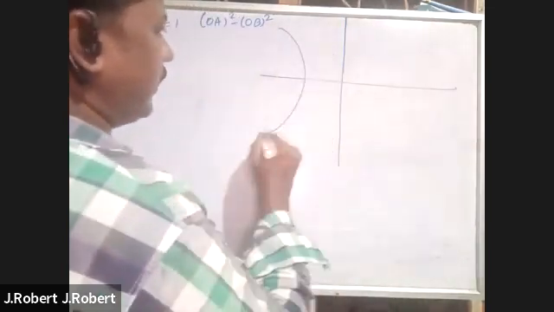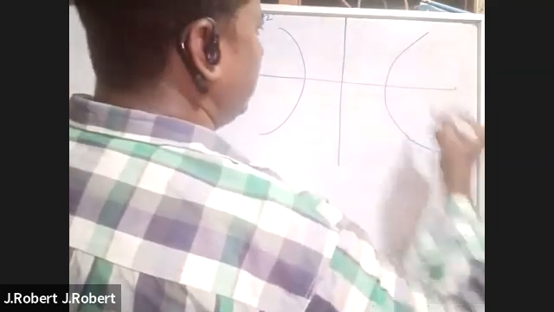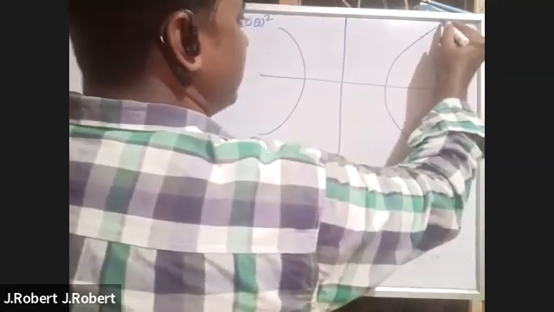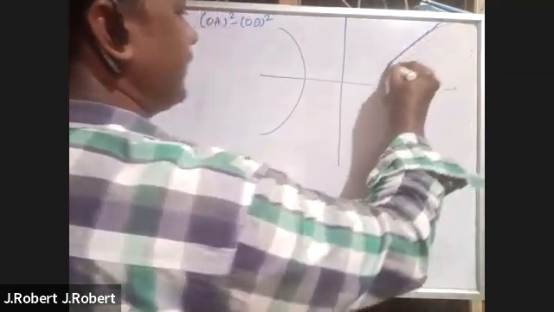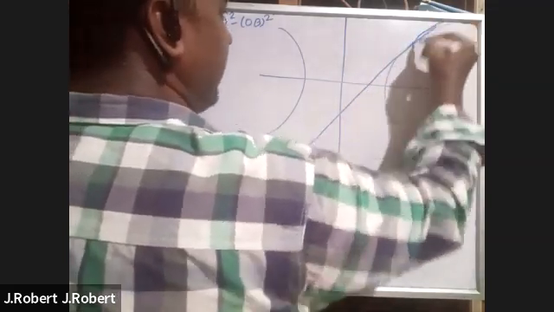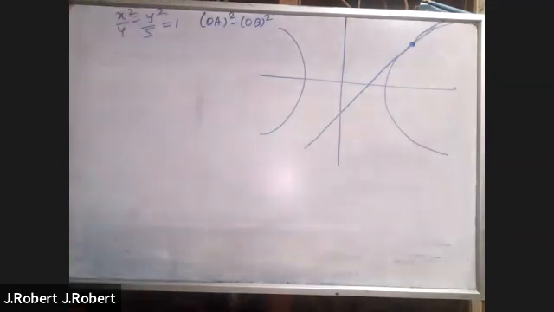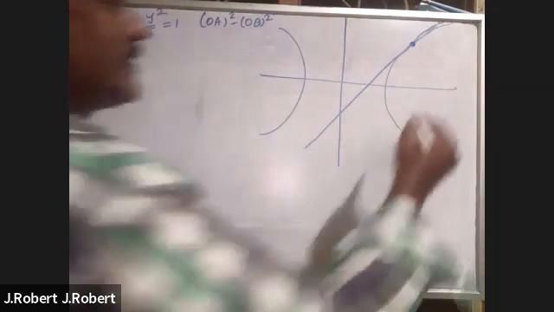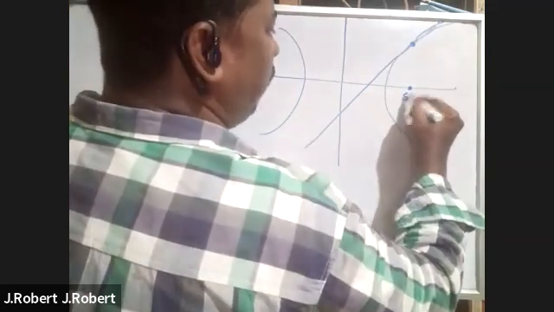So this is called your hyperbola. The line which touches is a tangent which lies in the first quadrant, at that point, the latus rectum of the hyperbola. Latus rectum means when it passes through the focus.